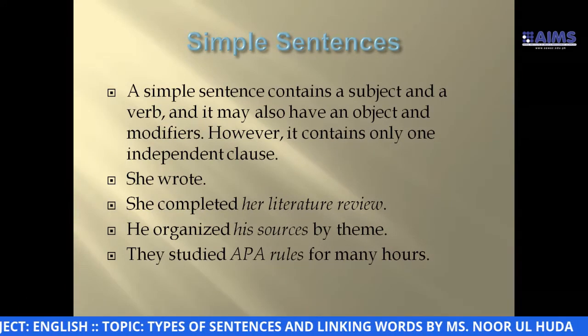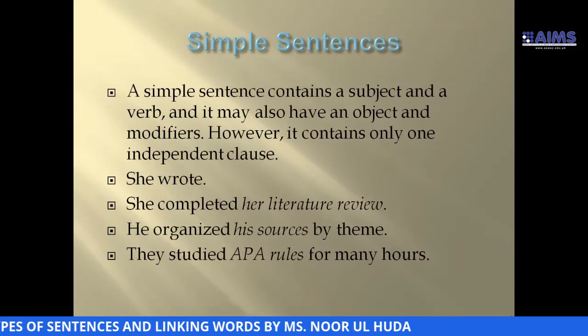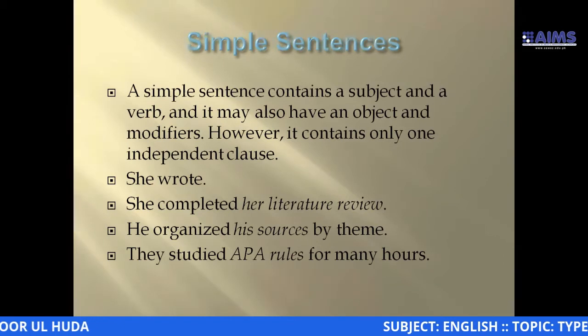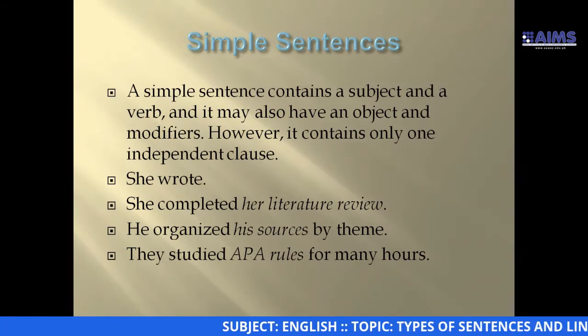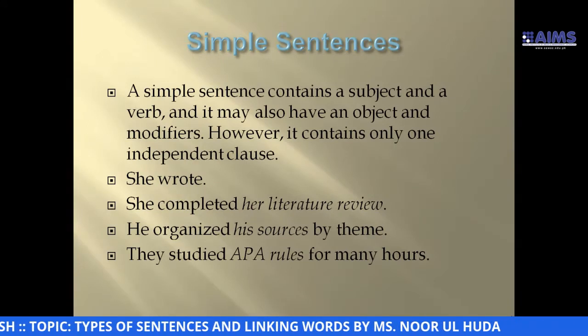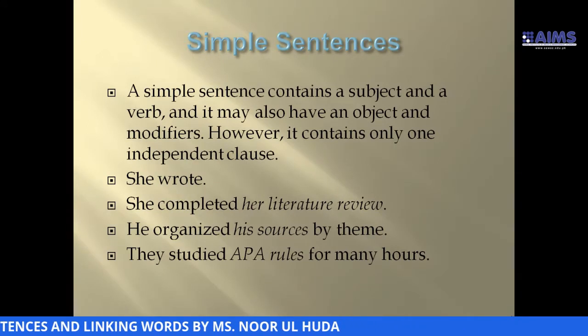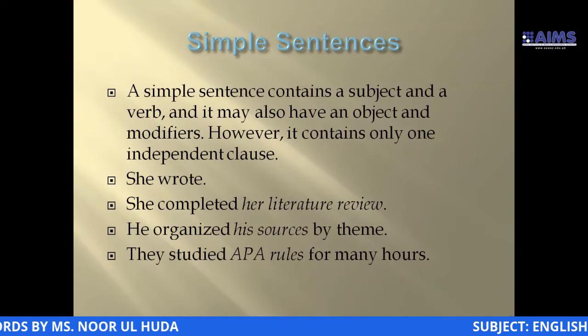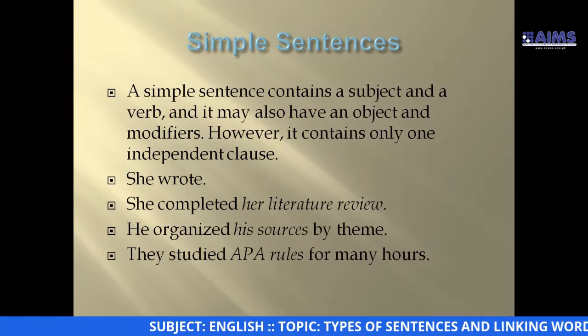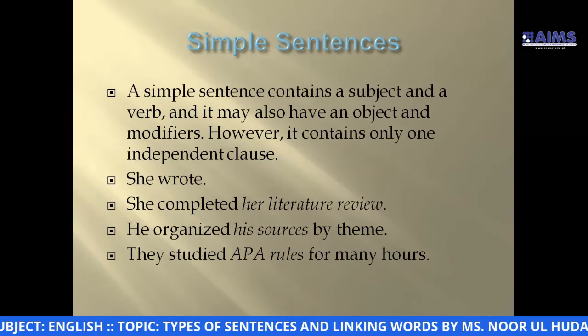No. Simple sentences always have only one independent clause. For example, the example is written here. She wrote. So she is the subject, wrote is the verb here, and it forms an independent clause, in a way that it is giving the whole meaning. So it could be called a simple sentence.